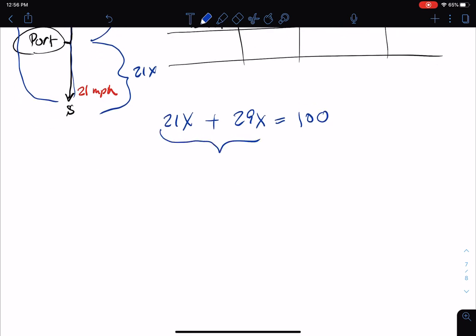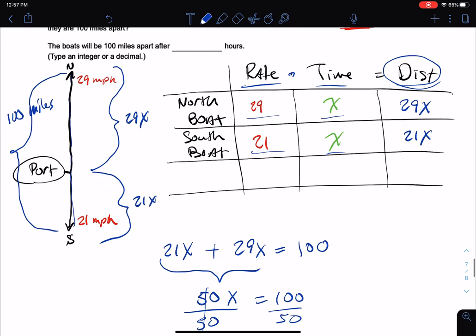So 21x plus 29x is, what's that going to be? 50x. Okay, and now all we have to do is solve for x by dividing by 50. And look how nice that is. x equals 2. So what was x in our problem? Oh, I never defined it.